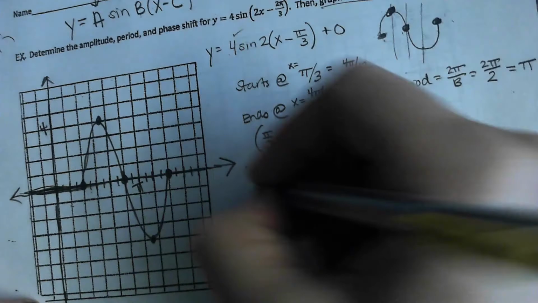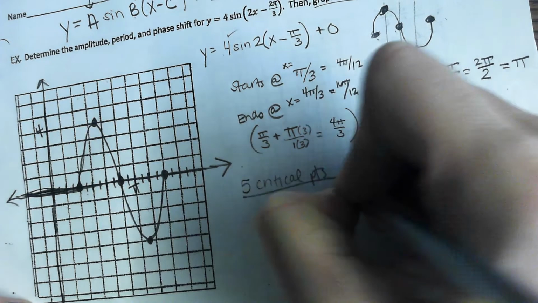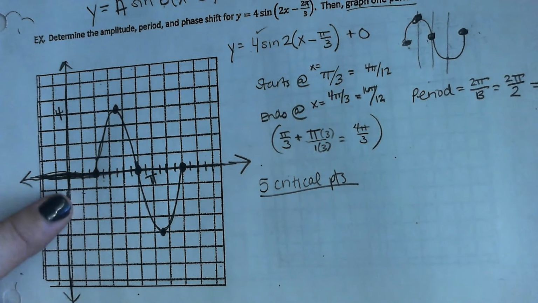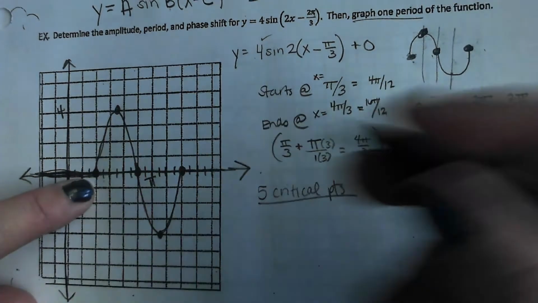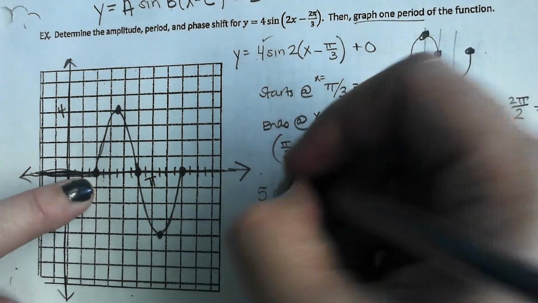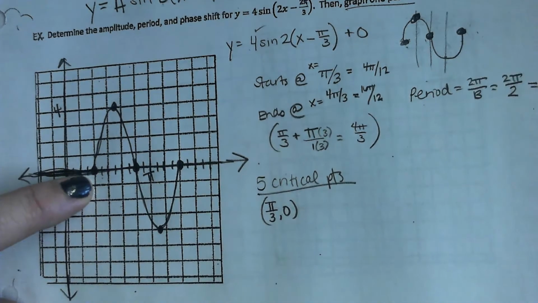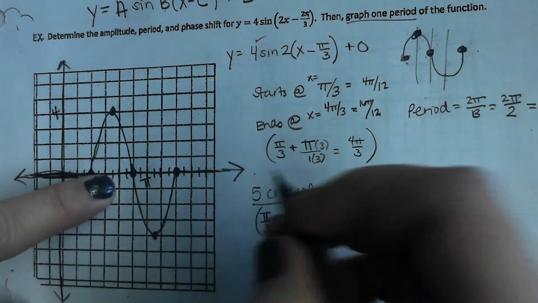So you may also be asked to list 5 critical points. Every curve has 5 critical points. So our starting point, we put it as 4 pi over 12 because we were counting by 12s, and that made it easier at the time. But I'll go back to being reduced. So pi over 3 comma 0. And then 5, 6, 7 pi over 12.